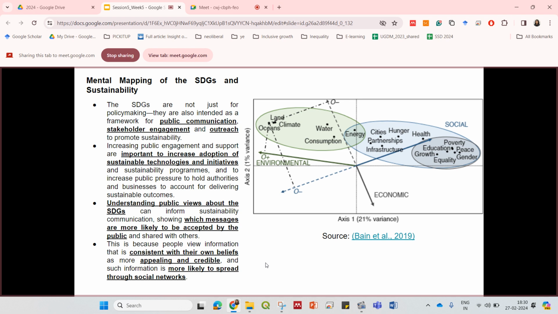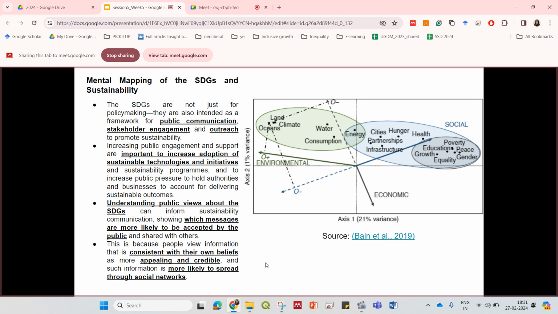As you all know, SDGs are not only for policy making, but they're also for public communication. So, to a general stakeholder or a person who is not related to the technical field of sustainability, or who is not a sustainability professional, we can still use SDGs to communicate what we want regarding sustainability to them.